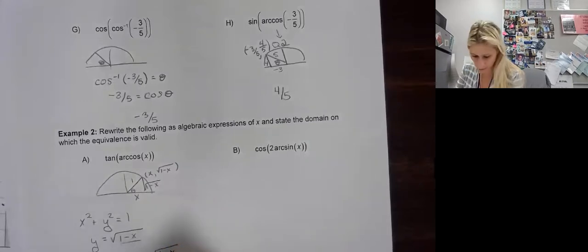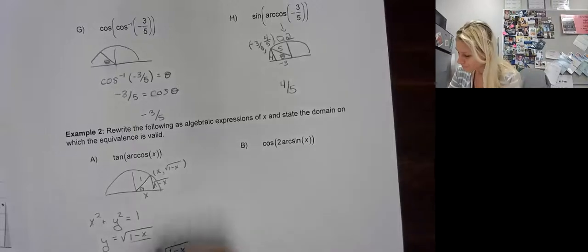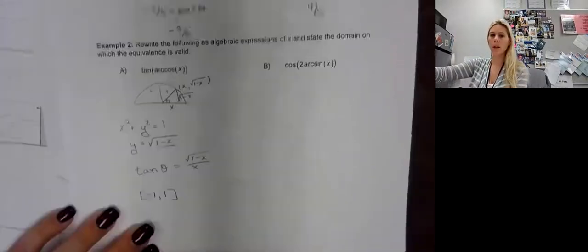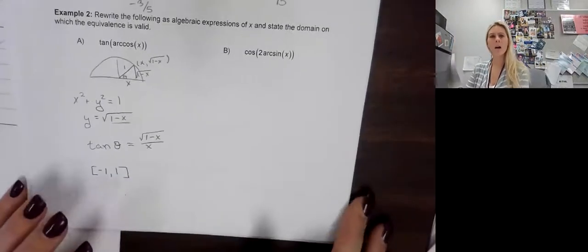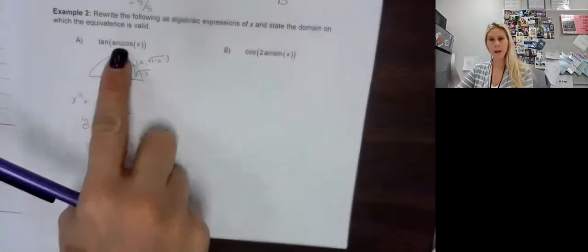Now, since the domain is restricted with cosine, remember with arc cosine we're only going from negative 1 to 1. So there's our first restriction, based on arc cosine, the inside. But now let's talk about what happened with our tangent.